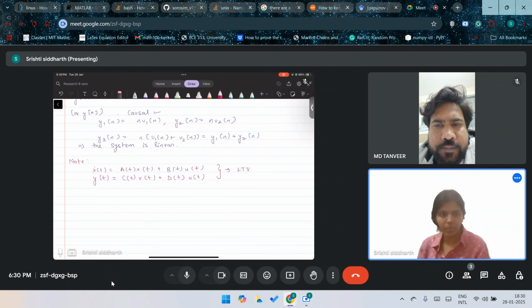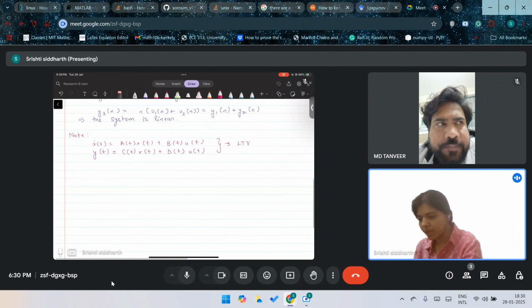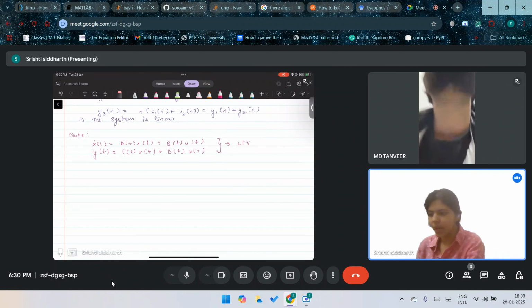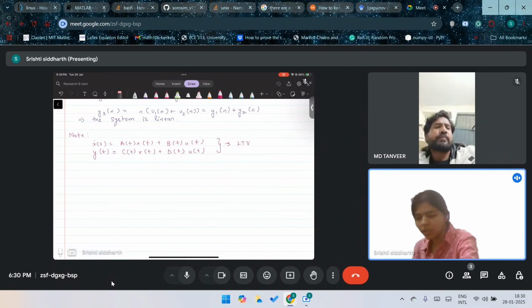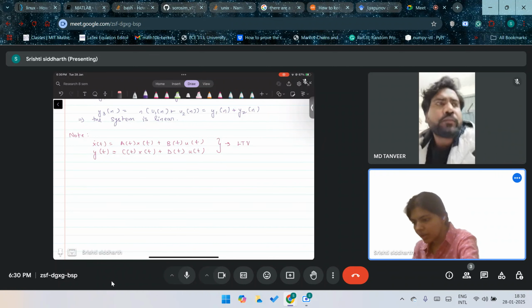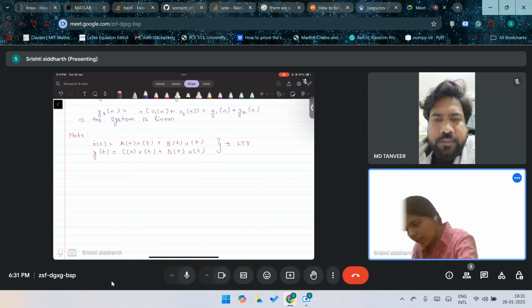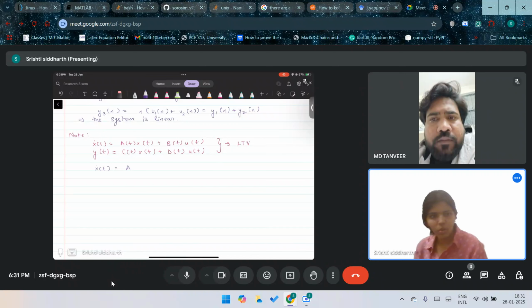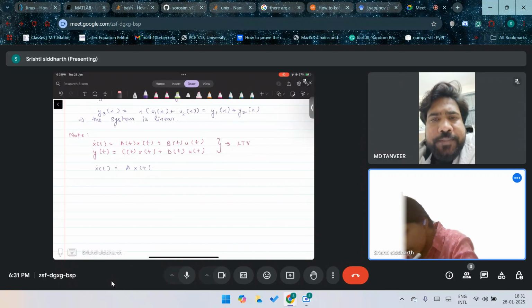This is the linear time varying system. And if these matrices A, B, C, and D of appropriate dimensions are constant, that is, they do not change with time, then this is an LTI system. So x dot equals A x plus B u, where A no longer has an argument of time, and similarly for this constant matrix.